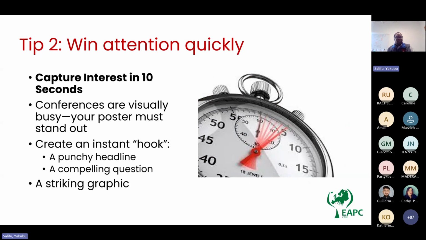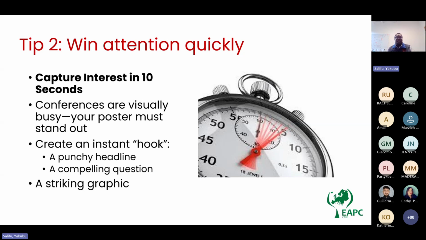The second point that I want to share with you is for you to win people's attention quickly. Those of you who have attended large conferences before realize that there is a whole array of posters for people to meander their way through, usually between lunchtime or relatively short breaks.